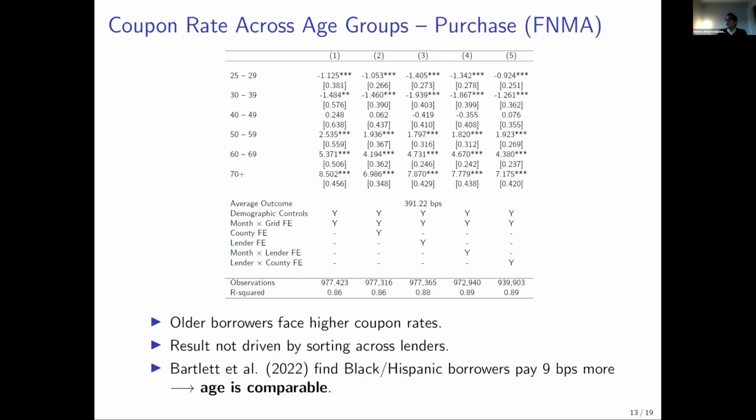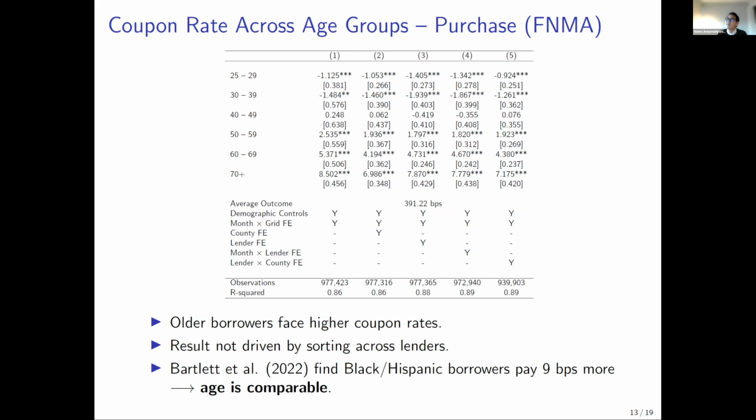So in the interest of time, let me skip a few slides. Okay, so this table shows the baseline results for the coupon rate study. Once again, I'm using the identification strategy that relies on the assumption that if I add loan level pricing adjustment fixed effects, what's left for the loadings on the demographic variables is indicative of significant differences in coupon rates across groups that has nothing to do with unobservable credit quality, because beyond the grid, lenders do not care about anything else.